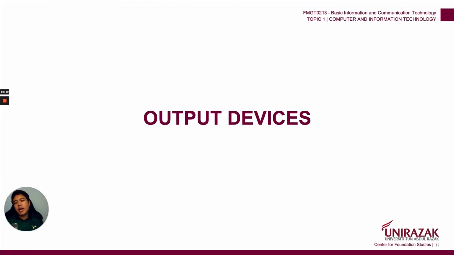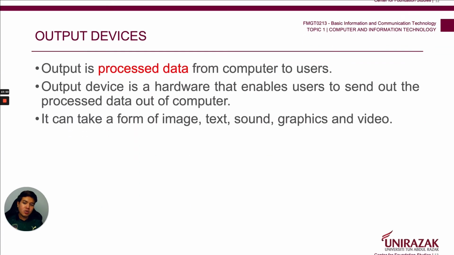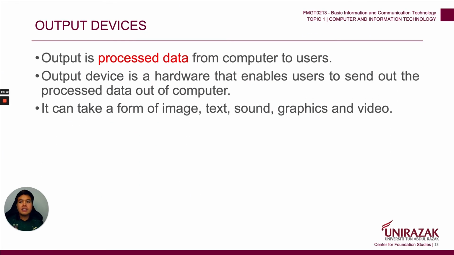The next one, we have output devices. As the name itself says, output, out. This is when the information goes out from the computer. Before that, output is processed data from computers to users. We call it processed data because this is what you get at the end, you take it out and use it for your information.